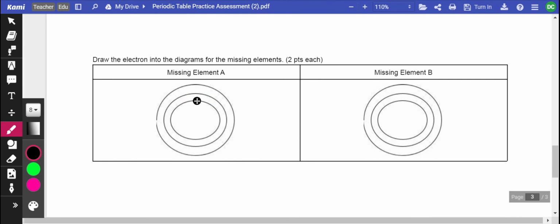I know that we start with the innermost energy level, and it has room for 2 electrons. So we've accounted for 2 of the 4 electrons. We move out to the next energy level, which has room for 8. So we will easily be able to fit our other 2 into the second level. So missing element A's electrons would look like this. Start in the first level for the first 2, and the 2 remaining fit into the second level.